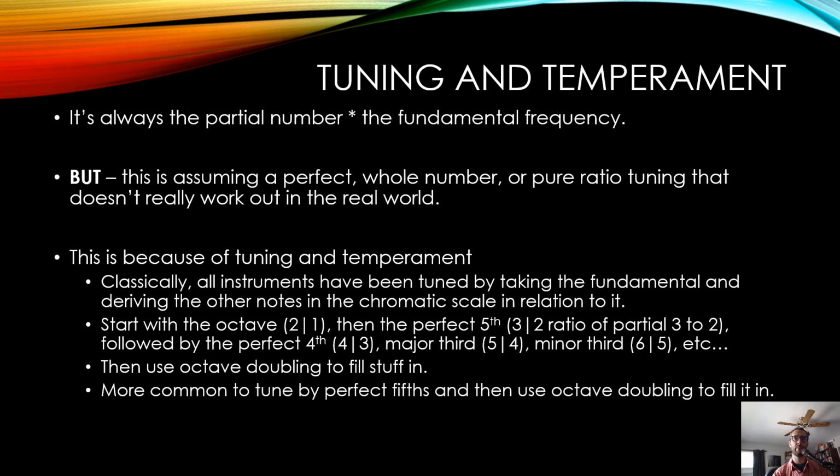Then the perfect fifth, which is a 3-to-2 ratio, partial 3-to-2, followed by the perfect fourth, which is a 4-to-3 ratio, partial 4-to-3. Then a major third, which is partials 5-to-4, a minor third, which is partials 6-to-5, etc., etc. Once you get those kind of spaced out, you would use octave doubling to fill stuff in.